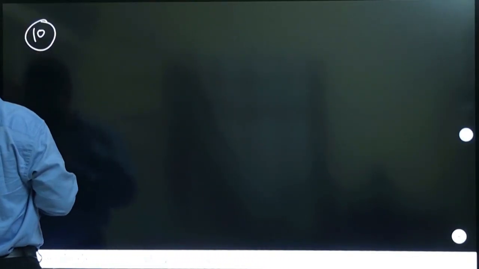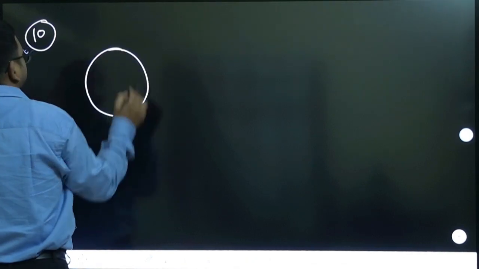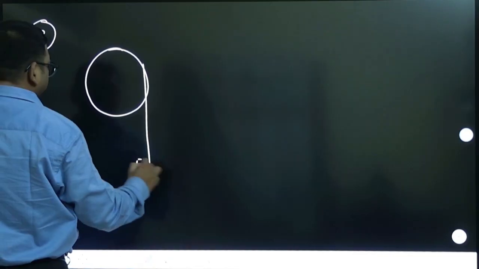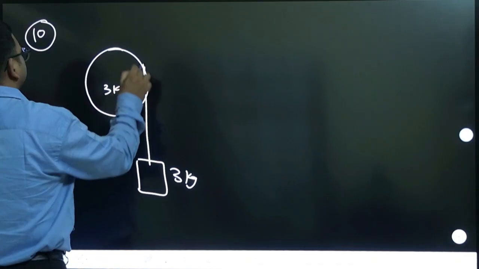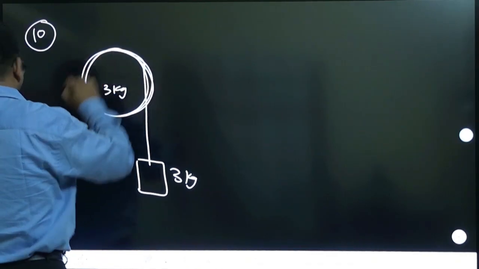Question number 10. A block of mass 3 kg is connected to a flywheel of mass 3 kg. So this is a flywheel and the block is connected like this. This is also 3 kg. This is also 3 kg. Right? Some strings will be there.